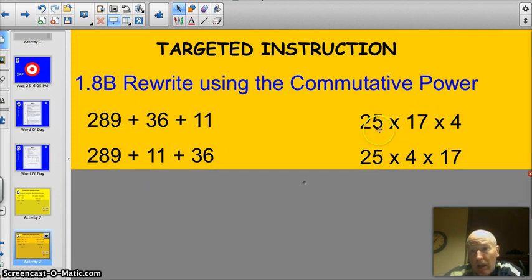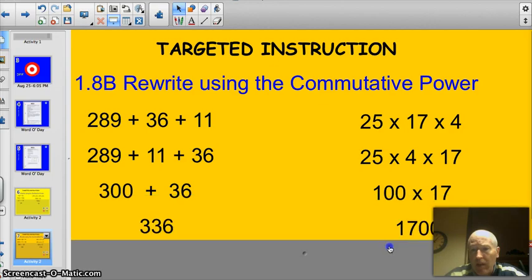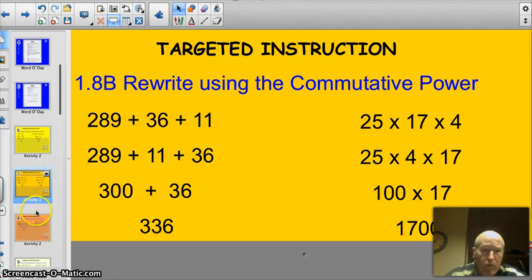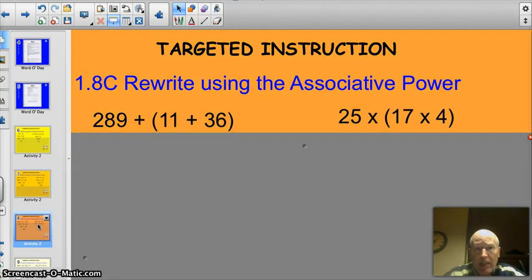In this number sentence, they are all multiplication, so I can move the numbers around. That's what the commutative power lets me do. So I moved the 4 next to the 25 because I know that 25 times 4 is 100. It allows me to quickly find out that this expression is worth 1700.